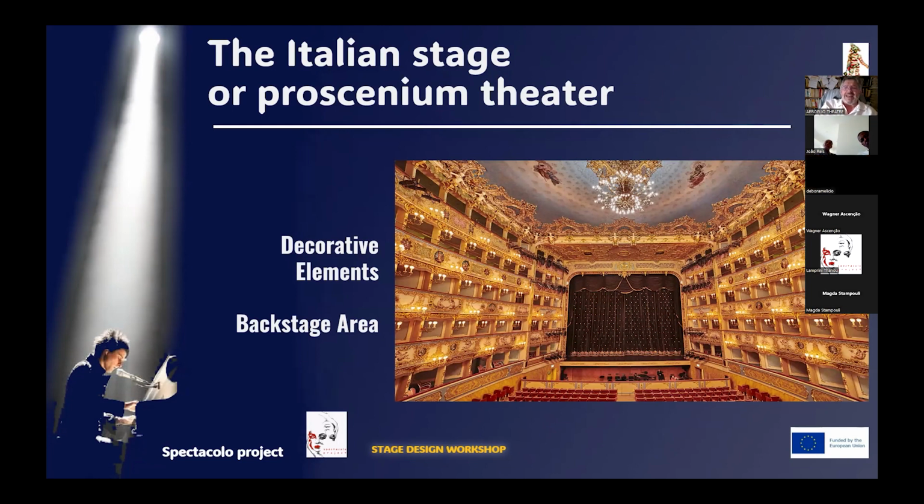Well, the traditional Italian stage theatres are known for their elaborate and ornate decorative elements, which contribute to the overall ambience and grandeur of the space. Some common decorative elements include, as I told you, the proscenium arch, often adorned with intricate carving, molding, and painting motifs.